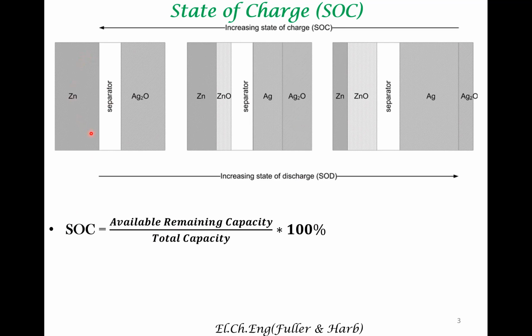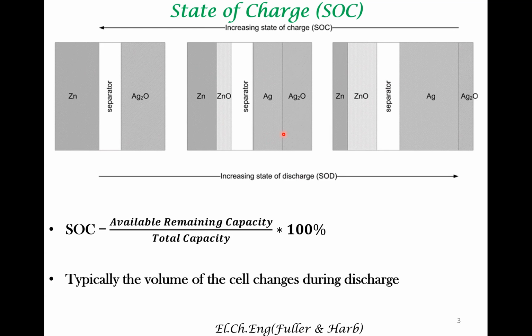The total capacity is measured by the active material present, and as the battery gets discharged, the active material gets reduced in time. I mentioned that the volume of the cell changes during discharge. Whether it decreases or increases depends upon the density of the new material that's getting formed.